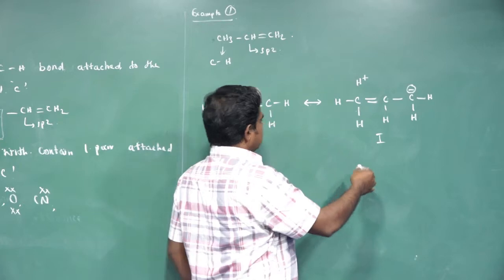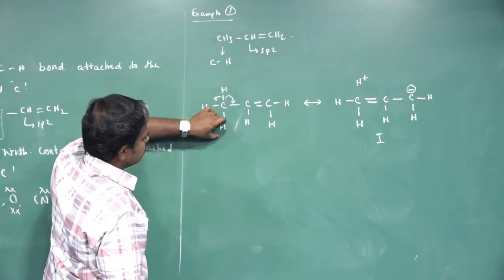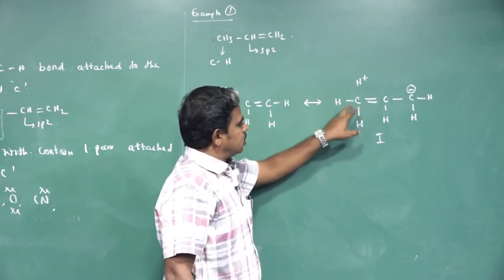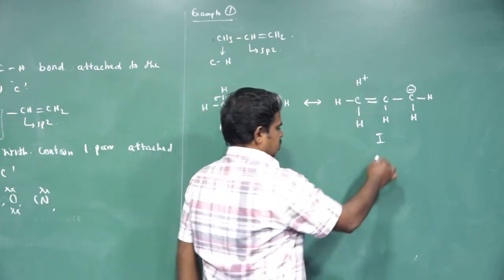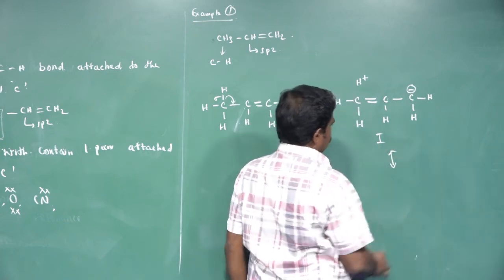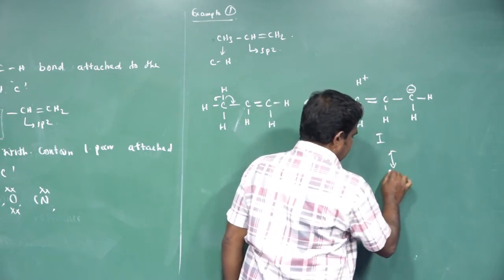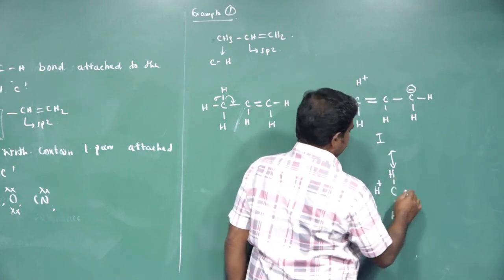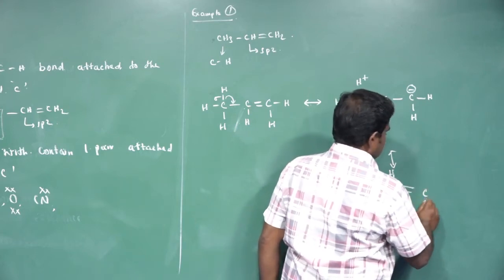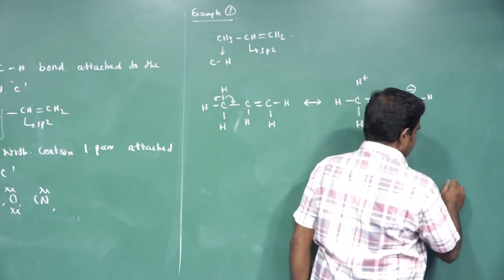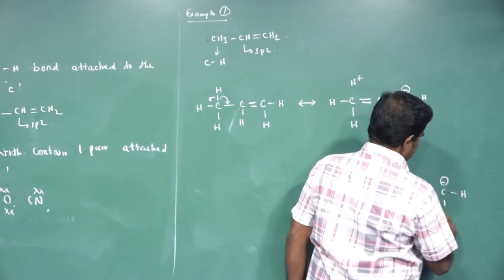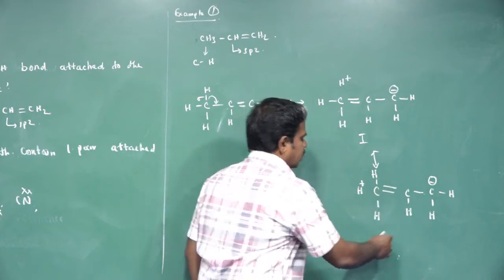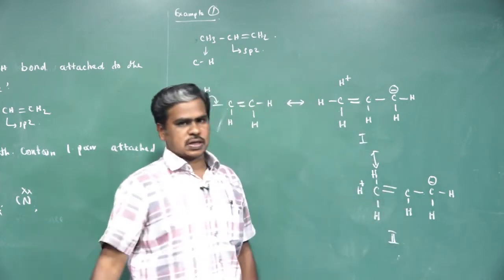And there is a possibility, why not this hydrogen and this hydrogen? So we are getting here this carbon, hydrogen, and now this carbon and hydrogen. So we may get another canonical form, that is carbon and hydrogen, and here H plus and bond hydrogen, and it is double bond C bond H and C minus and H and that H. So that we are getting this one, another one, that is the second canonical structure.